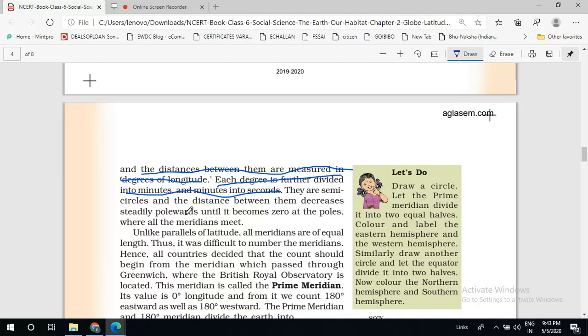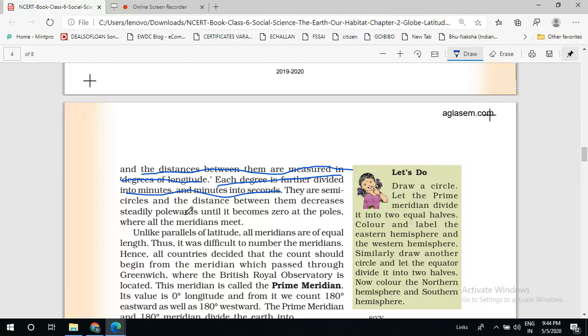The length of the other latitudes will be lesser than the equator. And when we move towards the poles, the length of the latitudes becomes lesser, because of the shape of the earth.